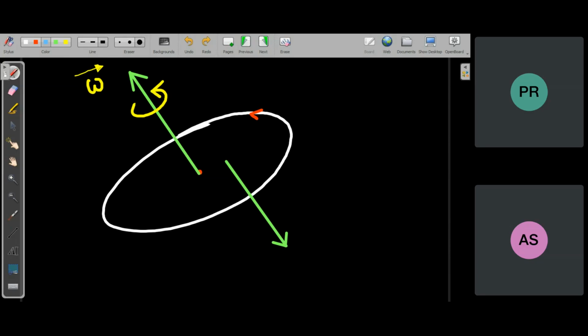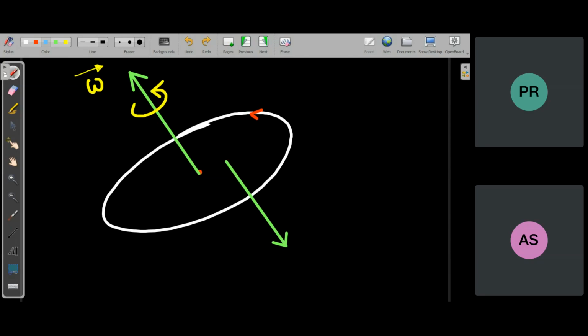Means the radius vector and the linear velocity vector, I'm not talking about angular, they keep changing. So if something is always changing and we represent it by i cap and j cap, then the component magnitudes will keep changing.